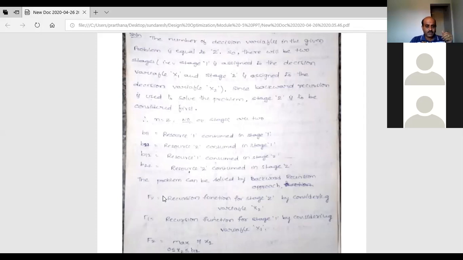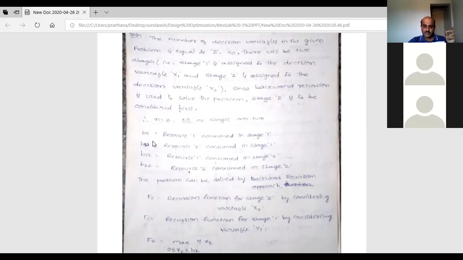So B11, what we have shown here. B11 represents the resource 1 consumed in stage 1, and B21 is the resource 2 consumed in stage 1. Please understand, there are two stages here.